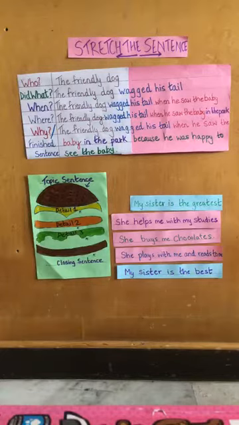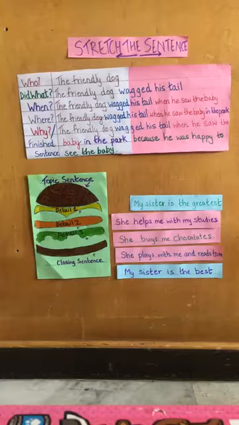So the first sentence is the friendly dog. This is also called the topic sentence, which is the main, we're talking about the dog. And your finished sentence also has the same topic mentioned again about the friendly dog.